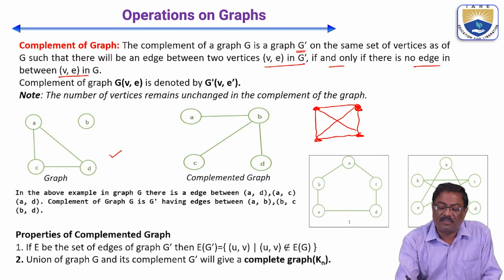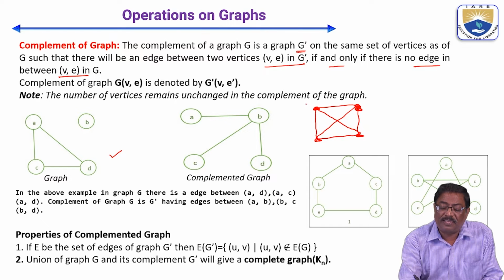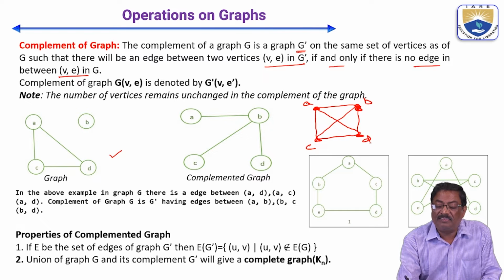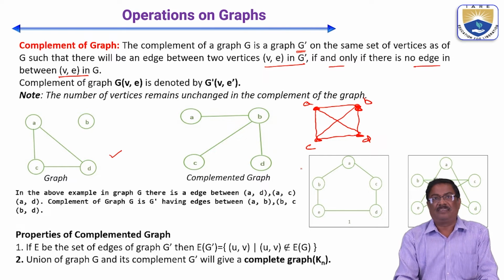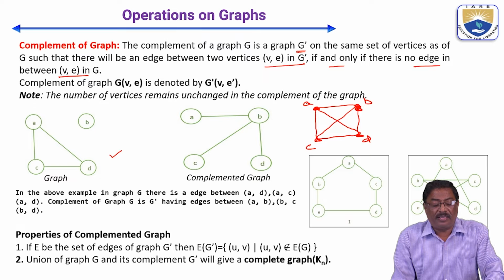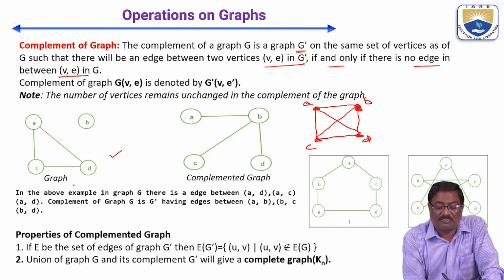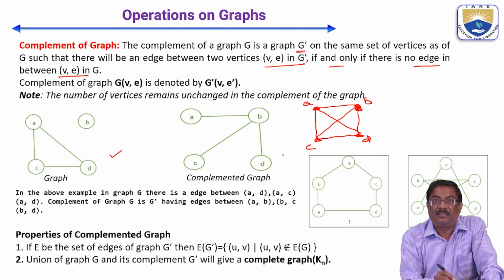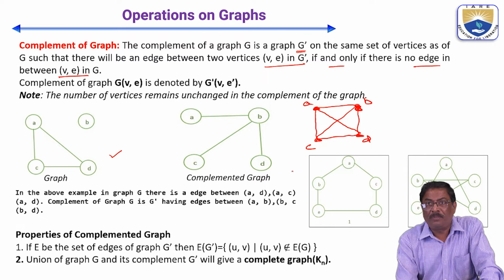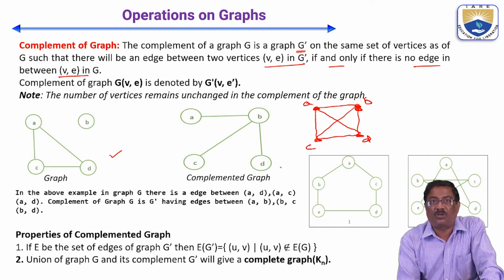Let us say A, B, C, D. This is complete graph of 4 vertices. Now, if I am going to consider its complement, the number of vertices will not be changed. So the number of vertices are only 4. And now edges we are going to concentrate.